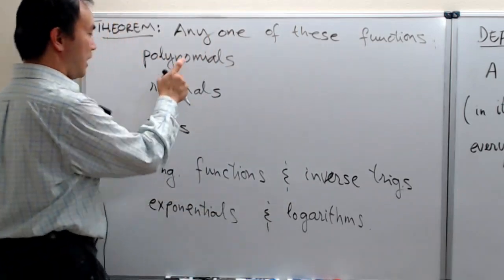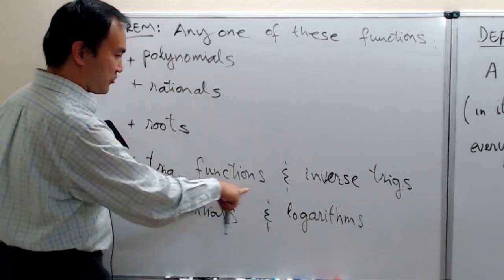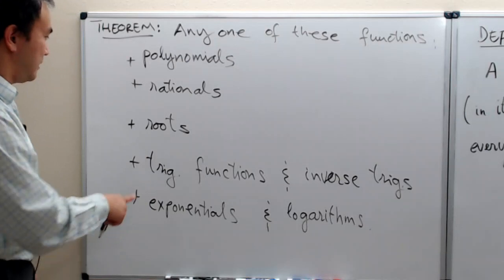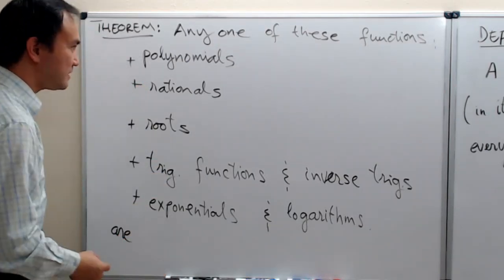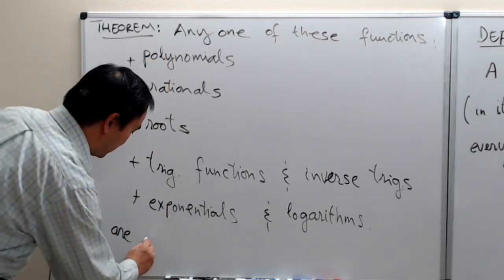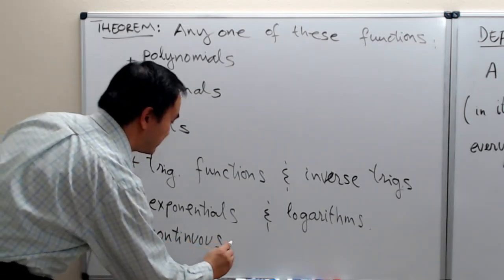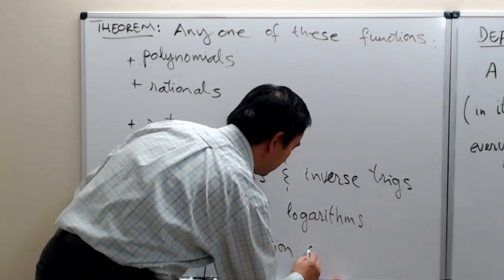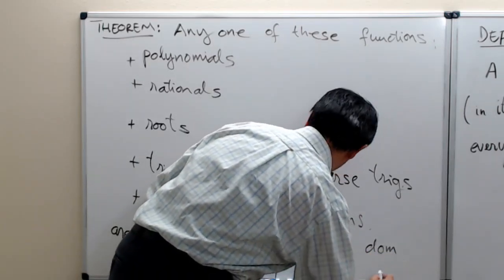Those are the polynomials, the rationals, the root functions, the trig functions, including the inverse trigs, the exponential functions, and the logarithms right here. All of those families of functions, any one of those functions, are continuous on their domain.